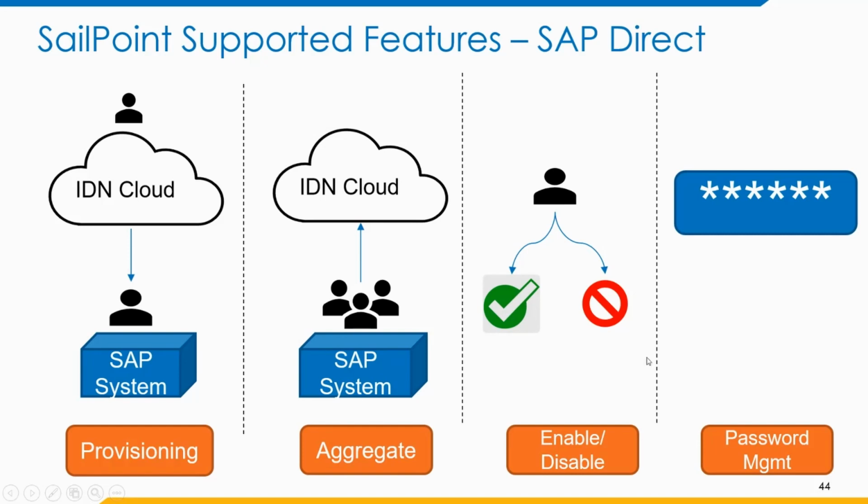If the user is rehired or comes back to active state, that needs to be enabled. So the enabling and disabling of accounts can also be managed through Identity Now. And coming to password management, a user can store his password to entire systems via the Identity Now cloud.